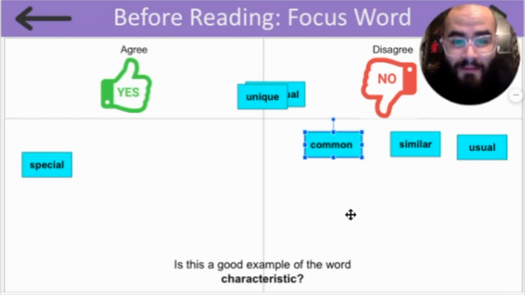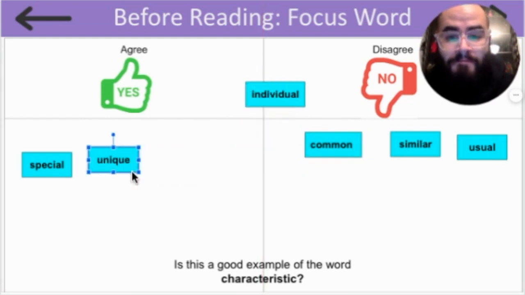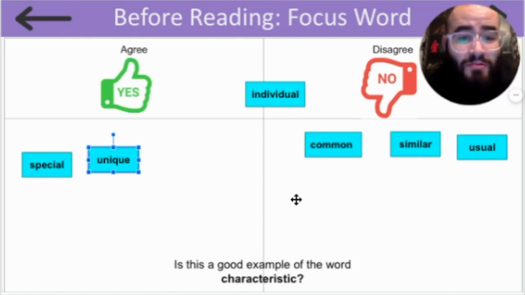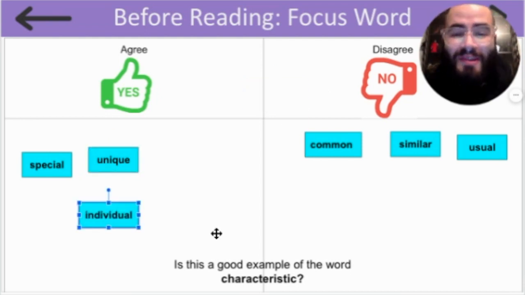How about unique? Yes, unique is a great example of the word characteristic. We even added it to our meaning mapper. How about individual? Individual is a good example of the word characteristic because characteristics are what set individuals apart.